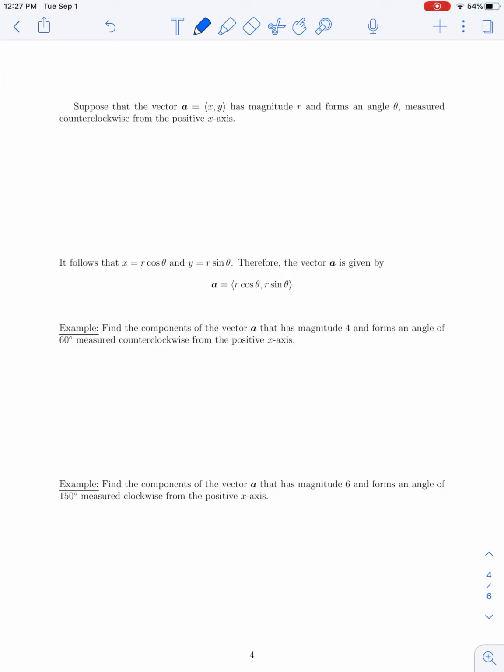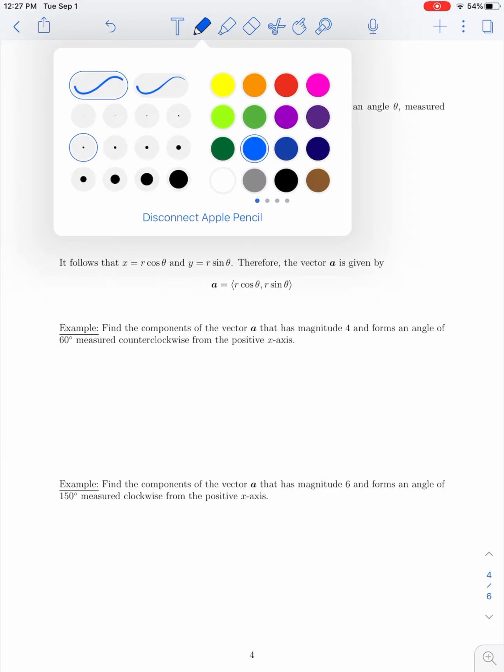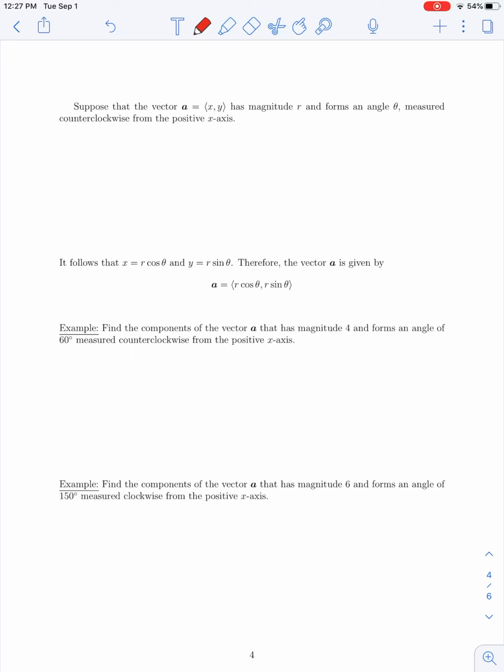Now the next thing we'll talk about is an alternative way to think about representing vectors, making use of what we talked about from polar coordinates. So often we will represent or describe some vector in terms of its magnitude and the direction in which it acts in terms of an angle measured from the positive x-axis.